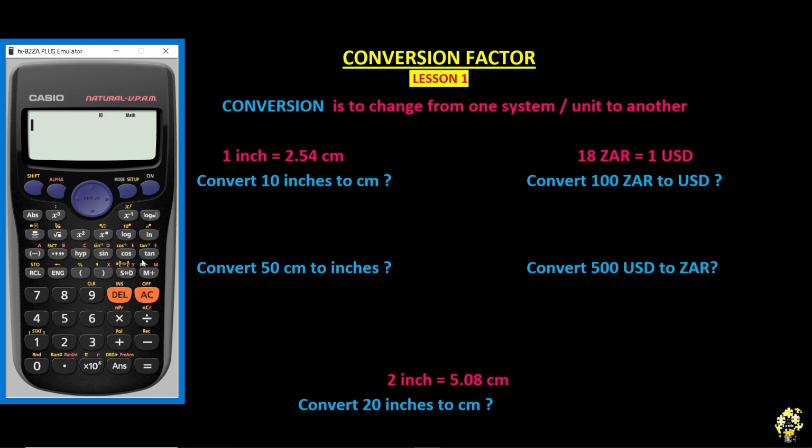The conversion factor, essentially, to convert, a conversion is to change from one system to another, or to change from one unit to another unit. Which systems am I talking about? Primarily under mathematical literacy, you have a system called imperial. The imperial system is used in the United States or in Britain. It's a system that has inches, gallons, and miles.